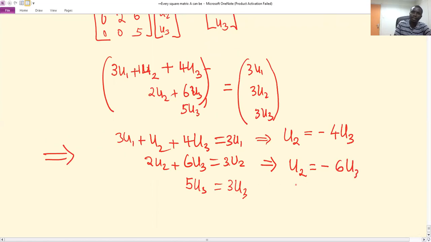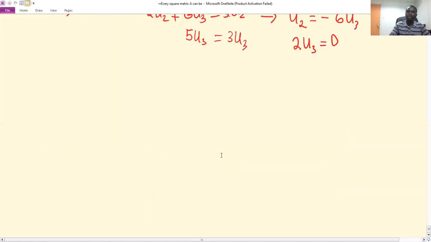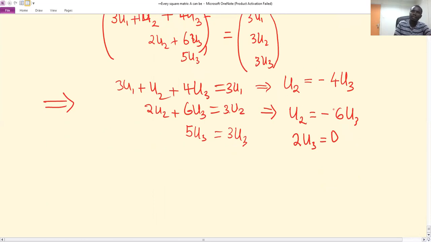And the last one tells you that 2u3 equals 0. So then now, from this equation, it implies that u3 equals 0, and u2 is also 0, because if you get u3 to be 0, replacing 0 here, you get u2 is 0, or replacing 0 here, you get u2 is also 0.